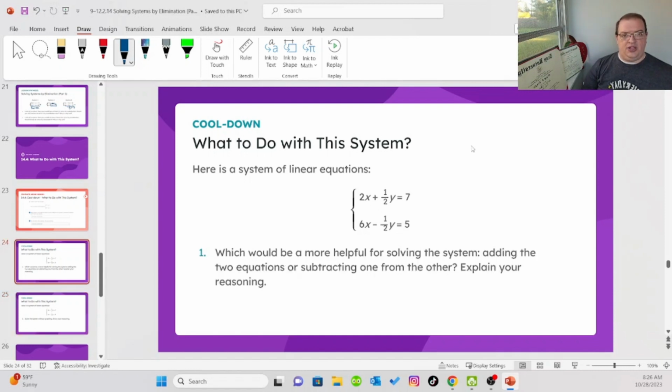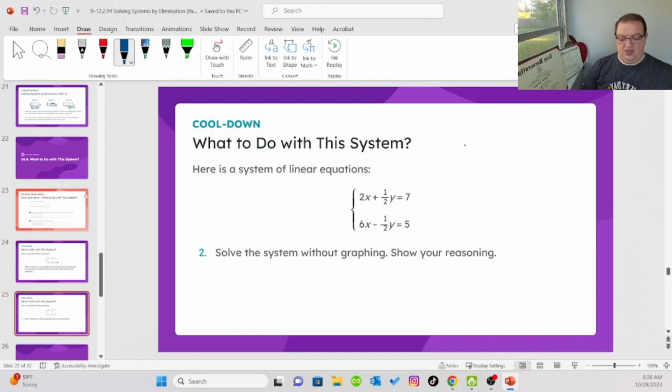So if we look at these, I notice I have a positive 1/2 y on the top and a negative 1/2 y on the bottom. So if I add these together, then I can get rid of my 1/2 y. Number 2 wants me to actually solve it.